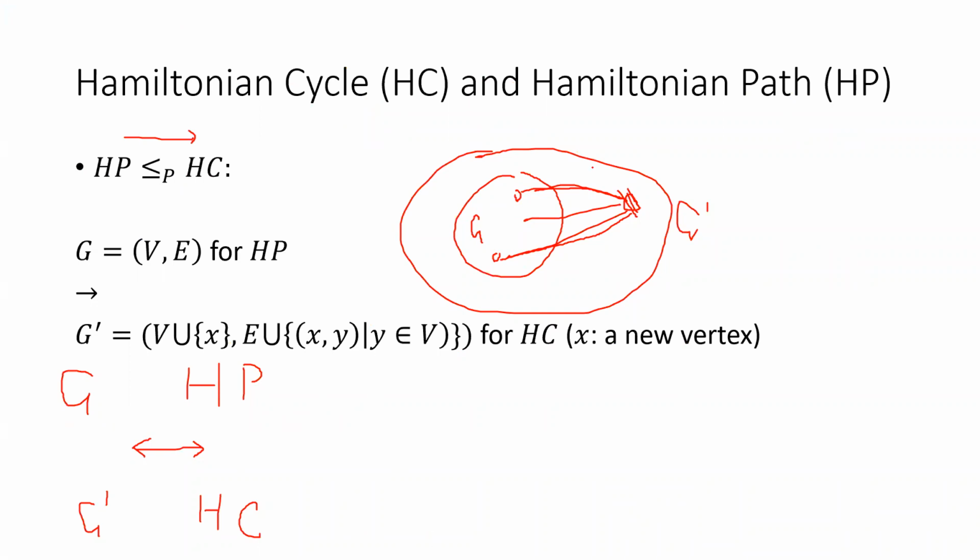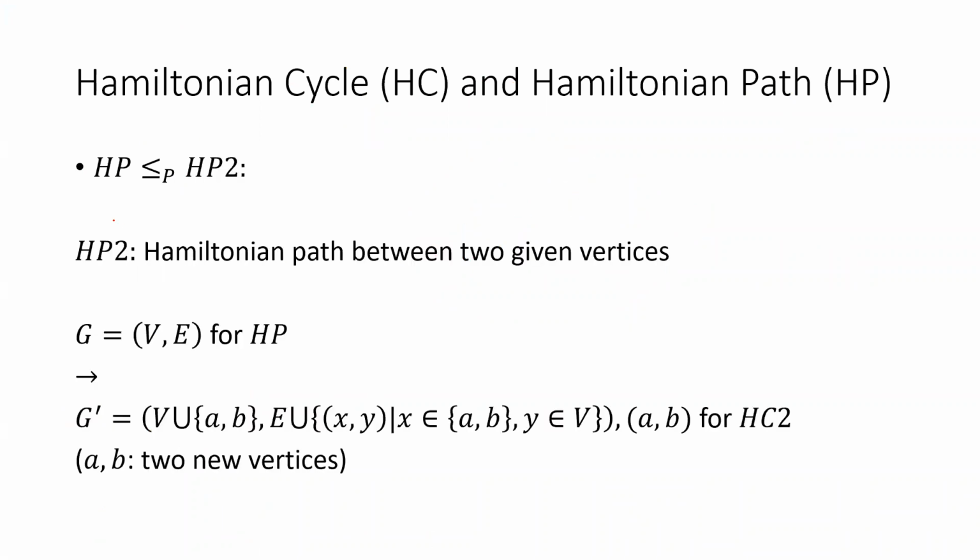Okay, next, let's see a new one. We want to reduce HP to HP2. HP2 here means we specify the two vertices as the start and the end.